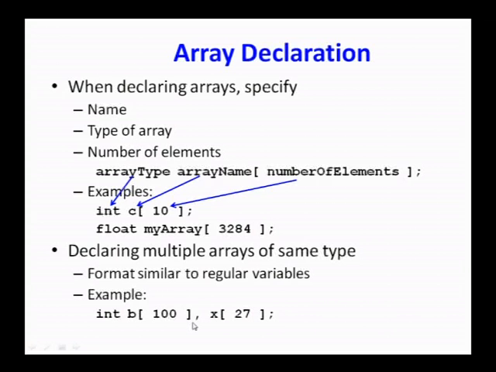Since it is an array declaration, I have to do it in the same format as we have seen here, that is, specifying the array type, the array name, and the array size. B is one array, and there is another array called X. X and B are both integer arrays which consist of 27 and 100 elements respectively.